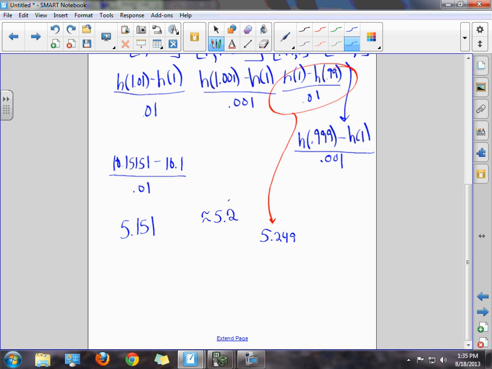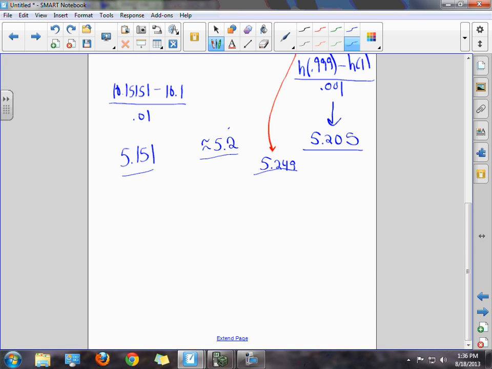When we do the last one, we get 5.205. Notice they're approaching both from the left and the right. This one was a little smaller than 5.2, and this one got closer to 5.2. This one was a little bigger than 5.2, and this one got closer to 5.2.